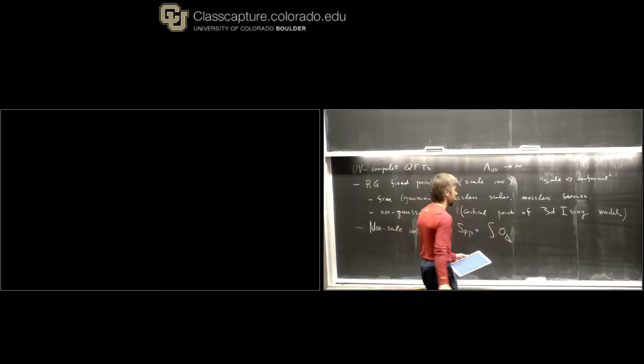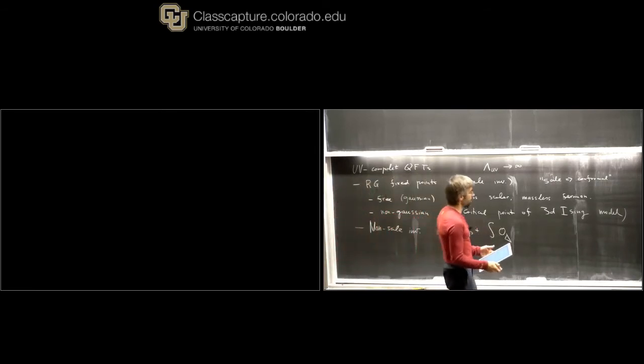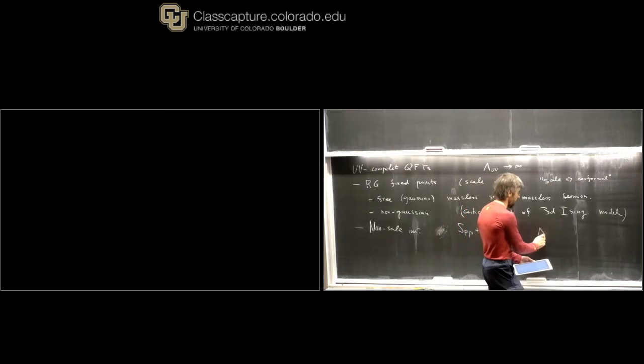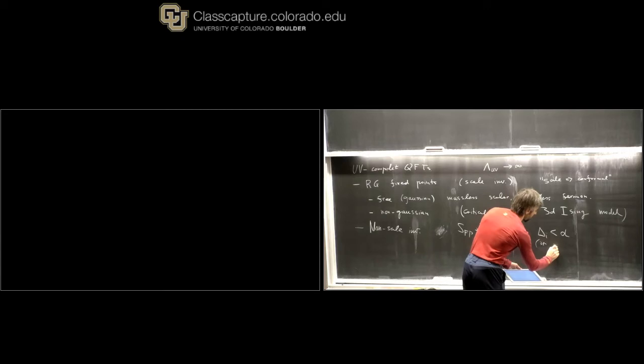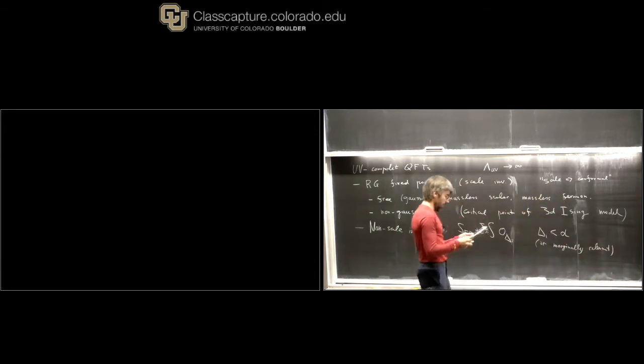As long as this operator by which you're perturbing, or maybe you can take a sum of perturbations, as long as these operators are relevant, or perhaps marginally relevant, we expect that such a procedure is going to define a UV complete QFT.